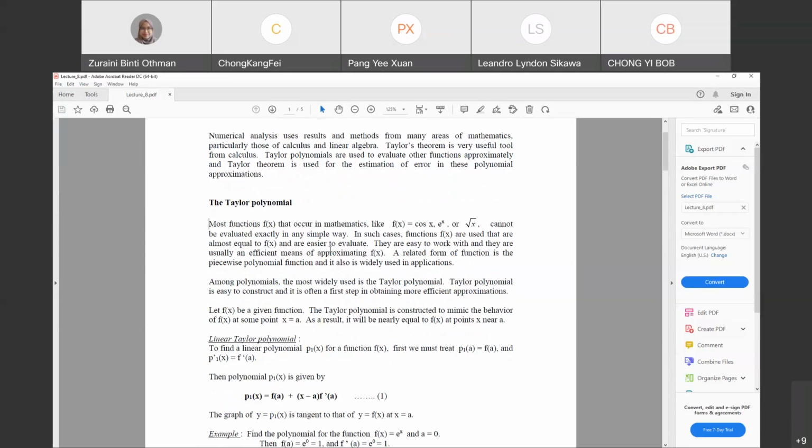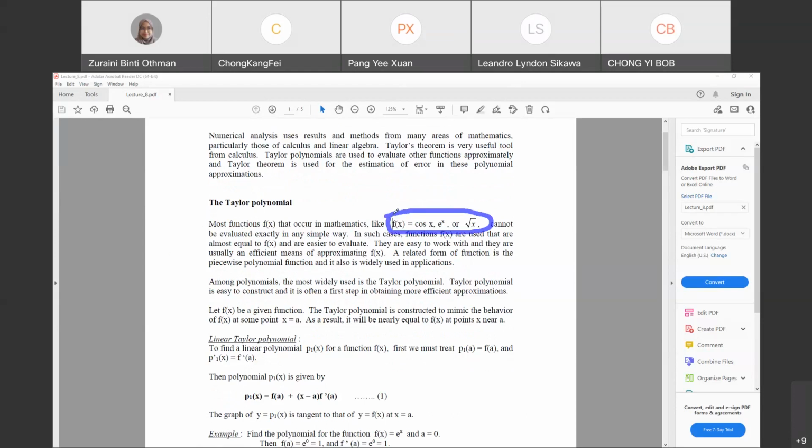Okay, most functions f(x) that occur in mathematics, like f(x) equal to cos x, exponent x, or square root of x, cannot be evaluated exactly in any simple way. Actually, we can evaluate this if you want to find the first derivative.